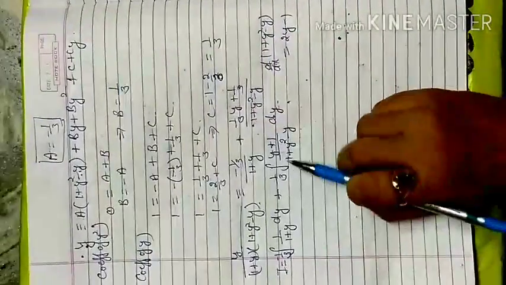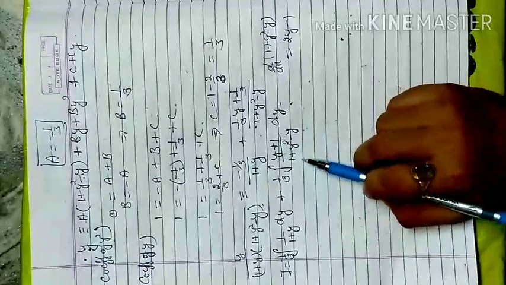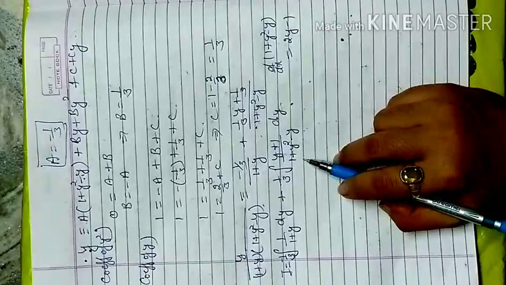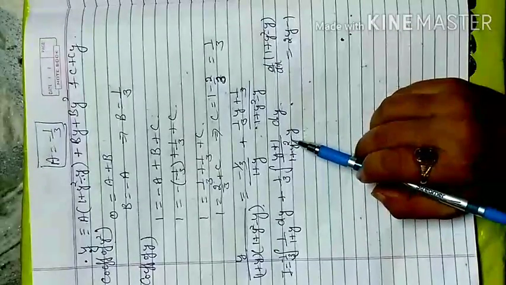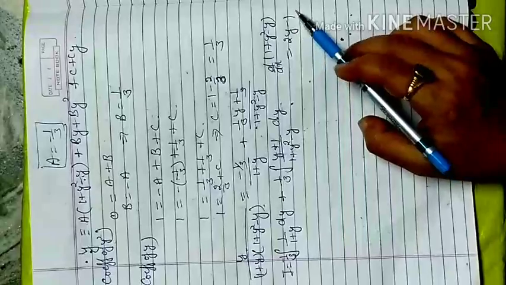That means if I arrange 2y minus 1, exactly the differentiation, I can directly apply the rule f dash x upon fx, that is log x. But if it is not possible, because I need 2y minus 1, here in place of this linear factor I need 2y minus 1.